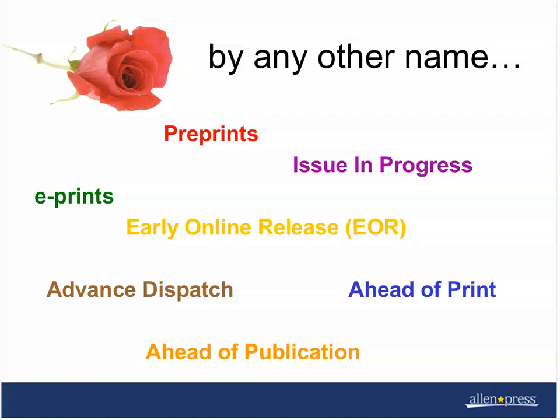Preprints, issue in progress, e-prints, early online release, ahead of print, advanced dispatch, and ahead of publication are some commonly used terms. Rather than having multiple publications in your organization use variations on this theme, to avoid confusion, again, I strongly recommend using one term across your entire organization.